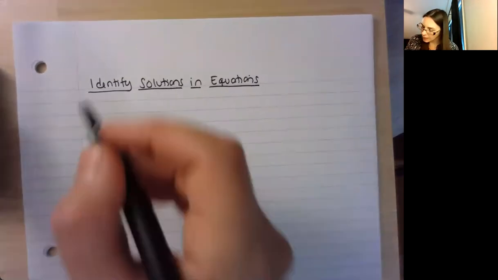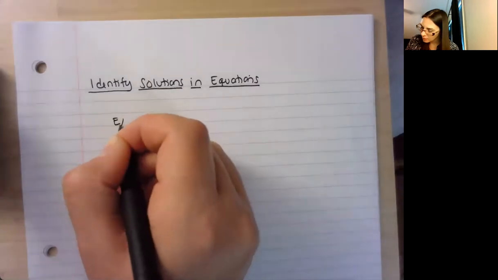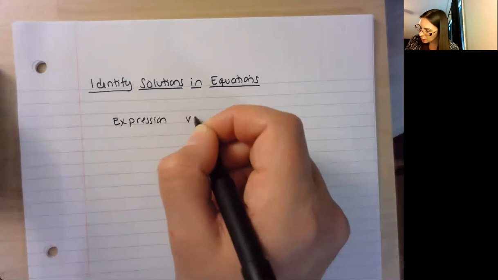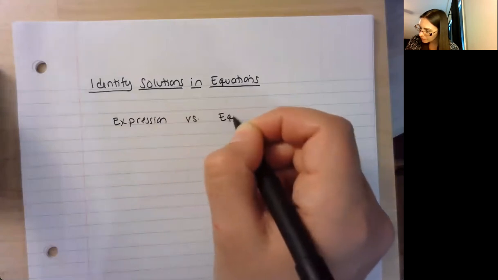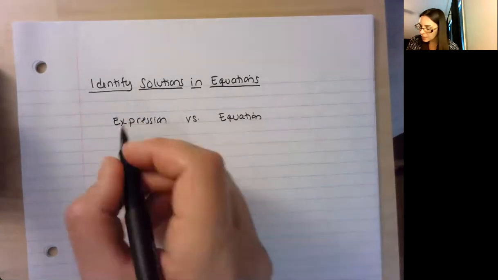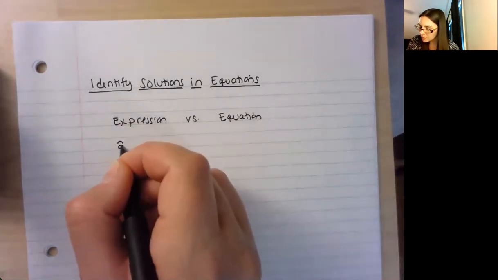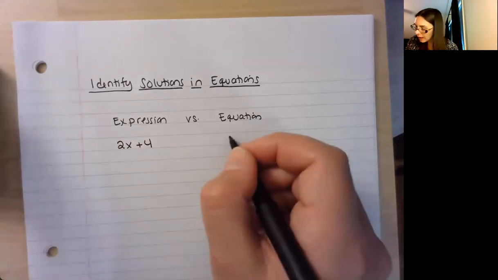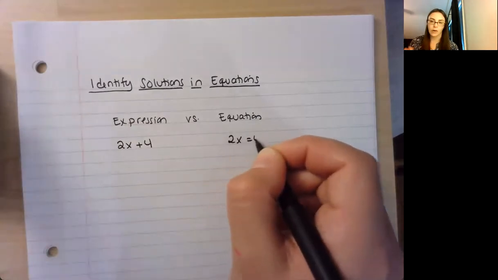So the first thing I want to notice is the difference between an expression versus an equation. And I think it's easiest to see with an example. So an expression could be something like 2x plus 4, whereas an equation is 2x equals 4.